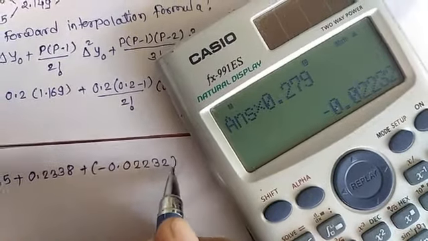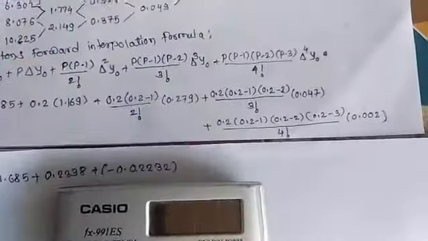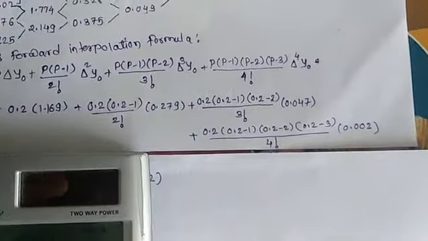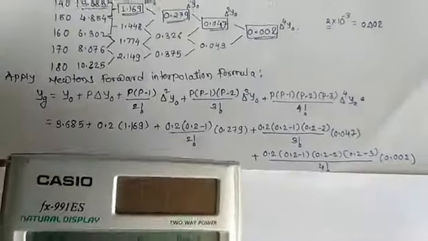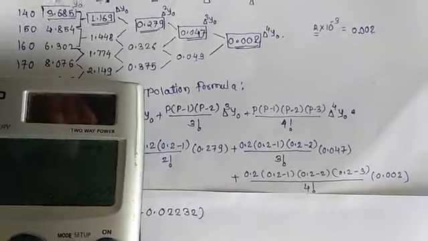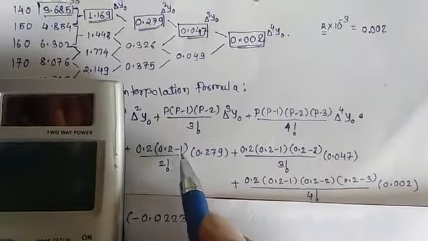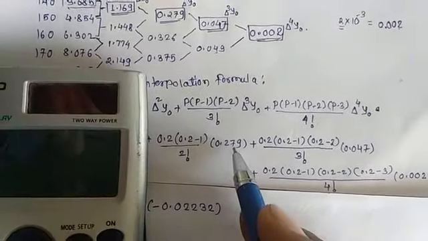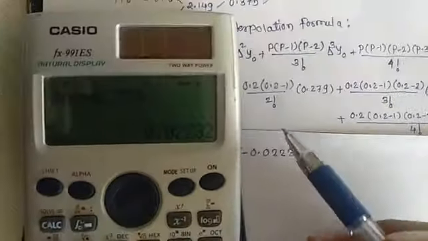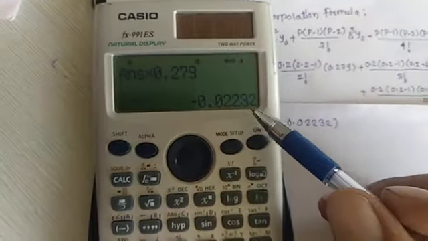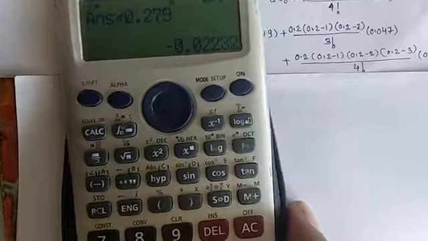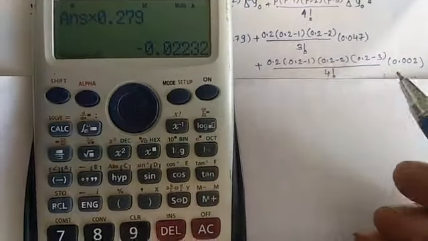Now we have calculated this term, 0.2 into (0.2 minus 1) into 0.279 upon 2 factorial, and its calculation is minus 0.02232.